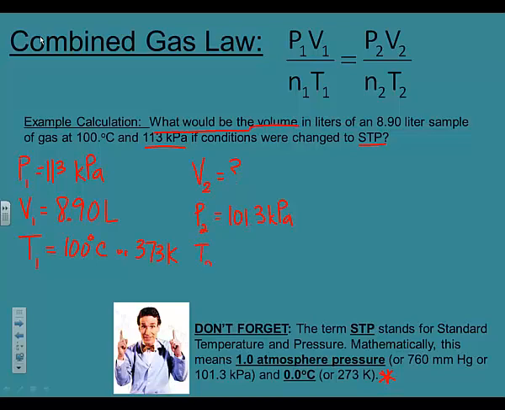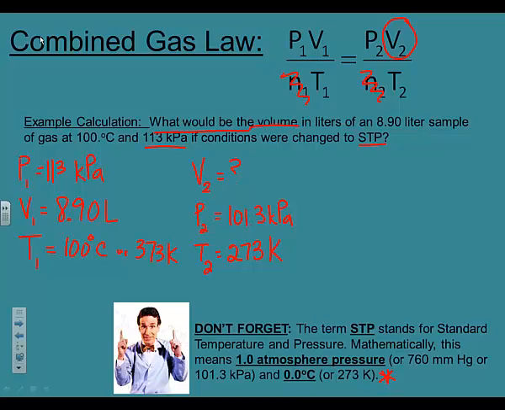And my final temperature would be 273 Kelvin, or 0 degrees Celsius. So the only value that I'm not given here is my V2, this one right here. They say nothing about moles, so I can take that out of the formula. If it's not mentioned, then we can assume that it remains constant.